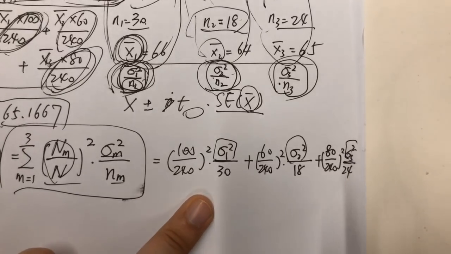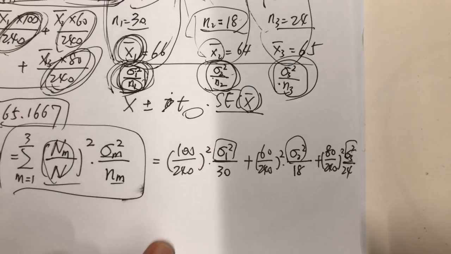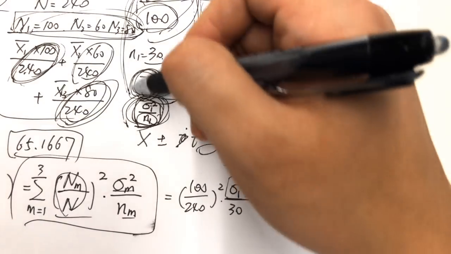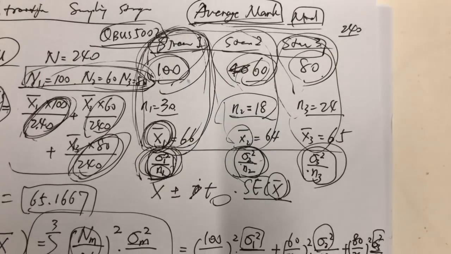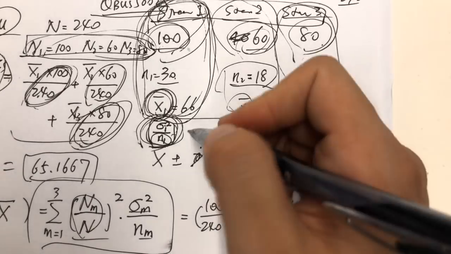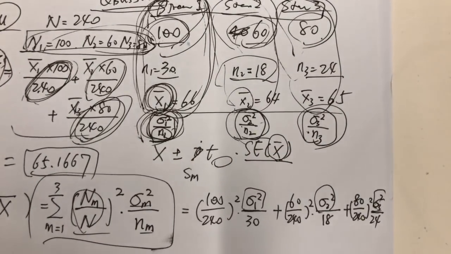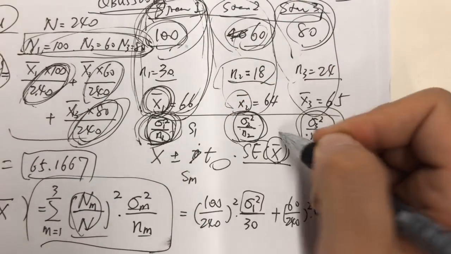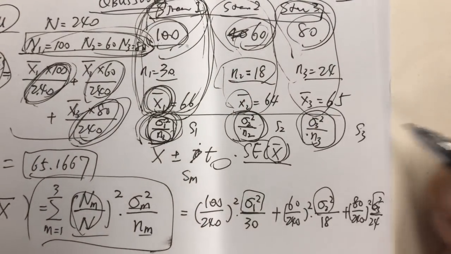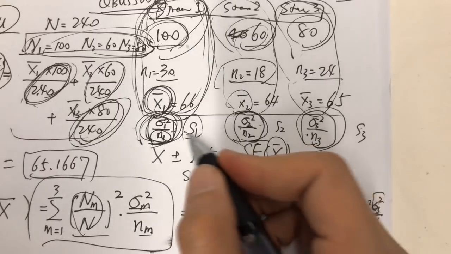They are unknown, right? So what should we do? We calculate the sample standard deviation or sample variance, right? So let's assume the sample variances are Sm squared, okay? So this is S1, this is S2, this is S3.